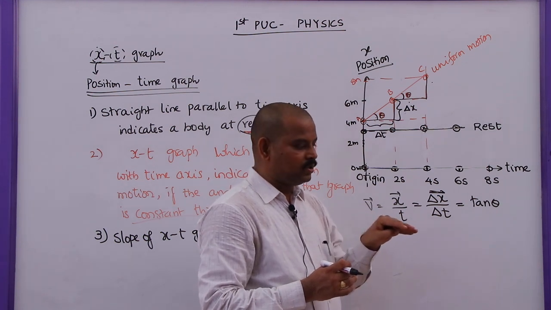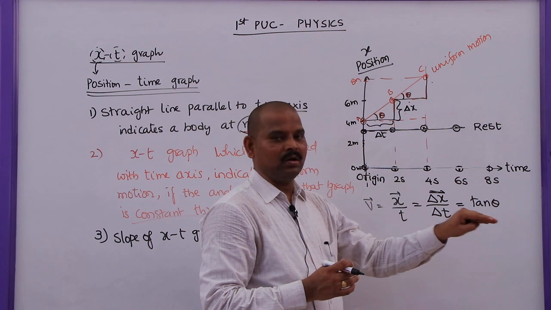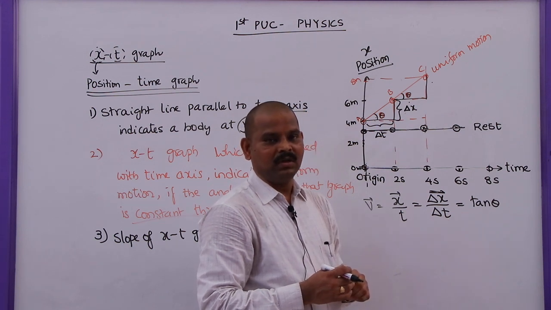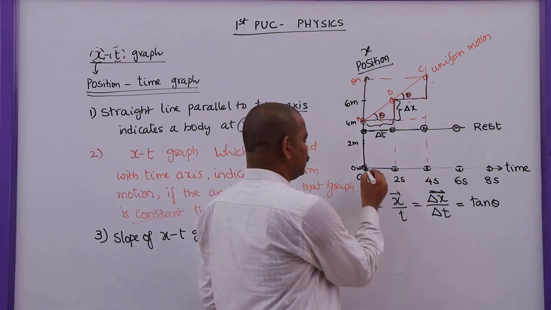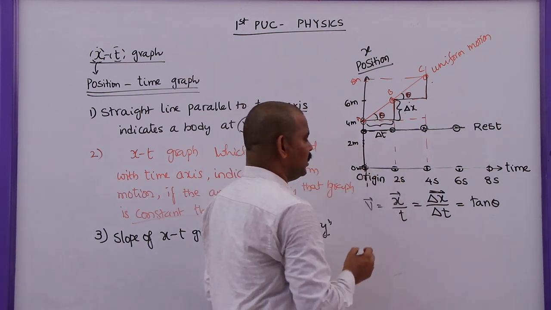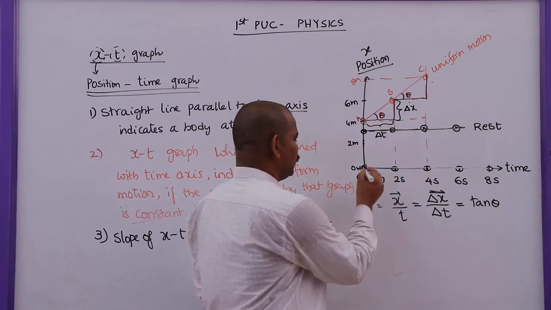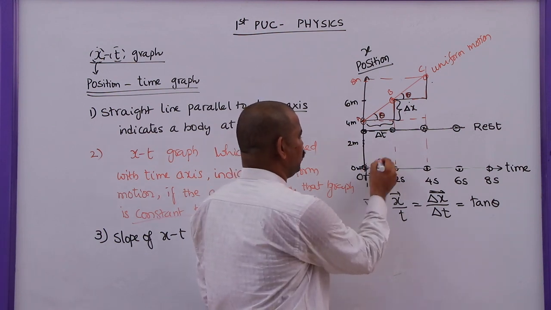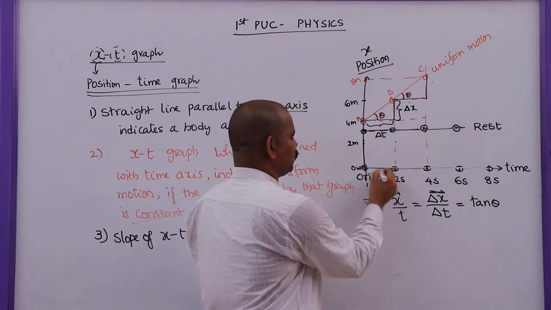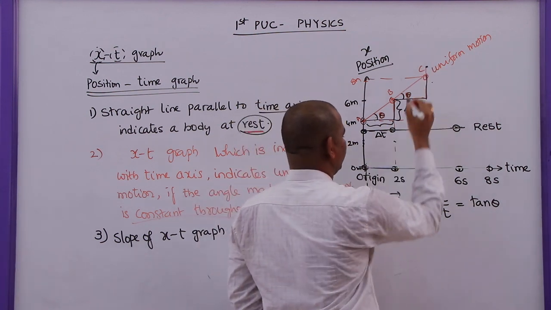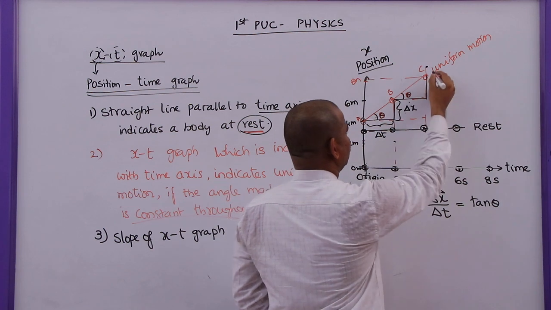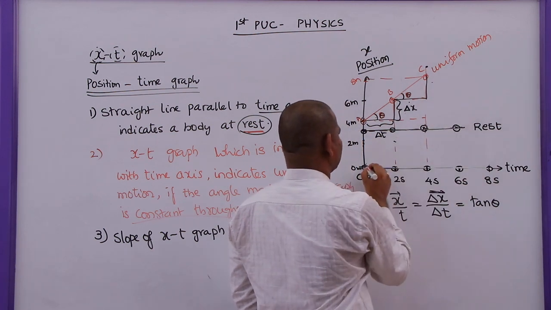Initially it travels with a very small velocity, that means it won't move at a faster rate. Let us say for 2 seconds it traveled only 2 meters. Next 2 seconds it traveled 8 meters and then it stopped due to some reason.